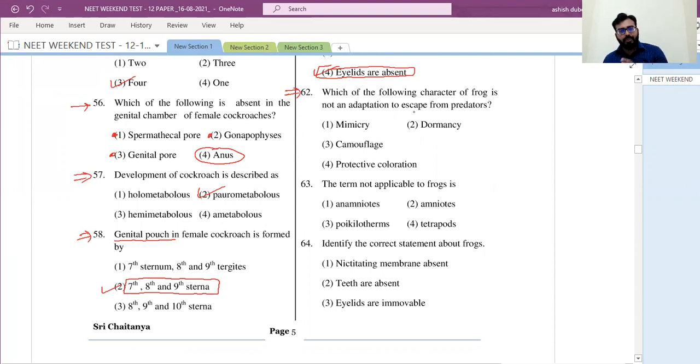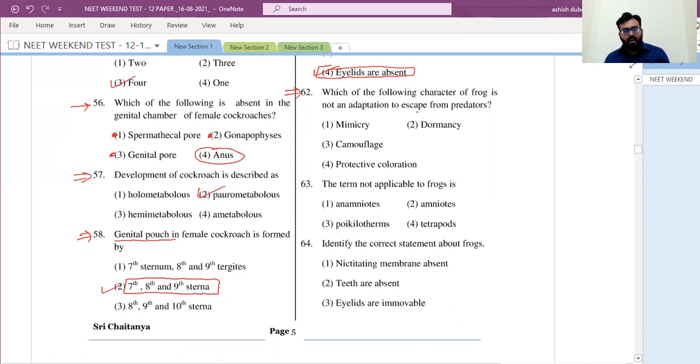Those are the periods of dormancy. But mimicry, camouflage, or protective coloration are synonyms or broad and narrow terms, and these are the adaptations to escape from predators.